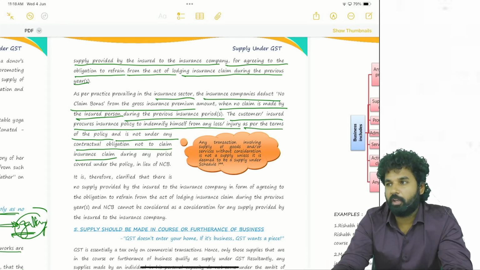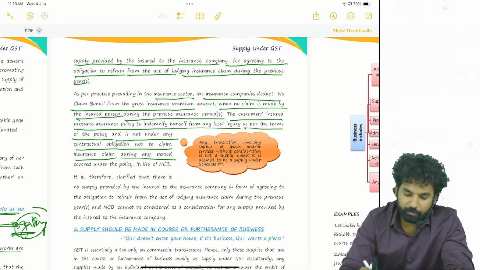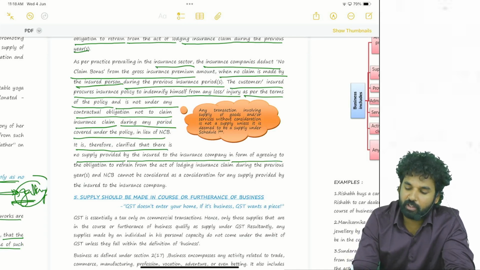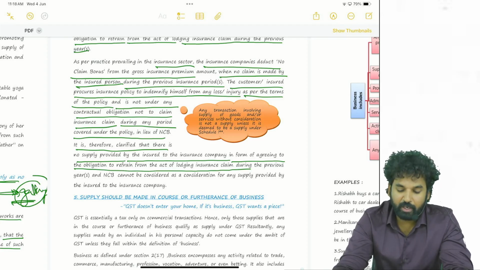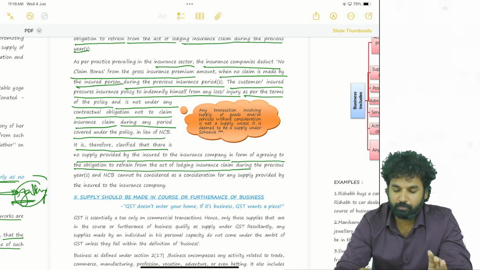If there were such a contract, why go for insurance? It is therefore clarified that there is no supply by the insured to the insurance company in the form of agreeing to an obligation to refrain from lodging an insurance claim during the previous years, and no claim bonus cannot be considered as a consideration for any supply.